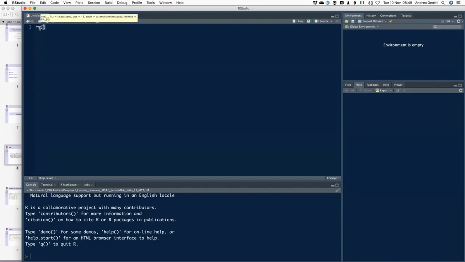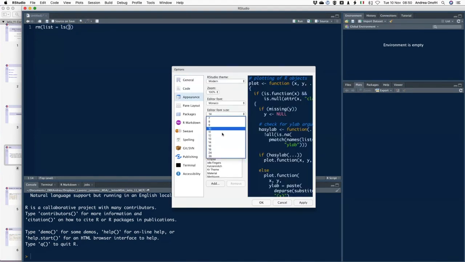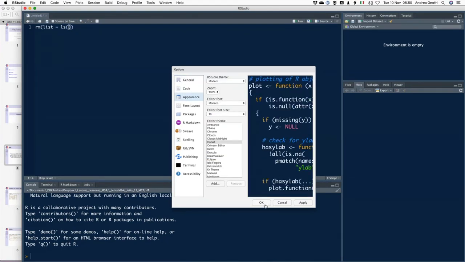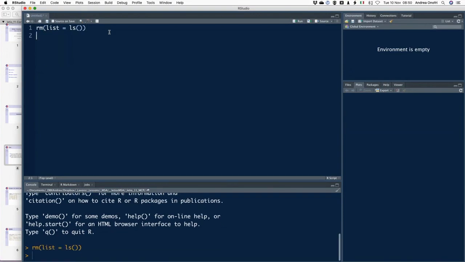So cleaning everything as usual. Perhaps I should make it bigger so that you can see better. Okay, that's bigger. Hope this is enough. So clean everything, and create the file name, as usual.